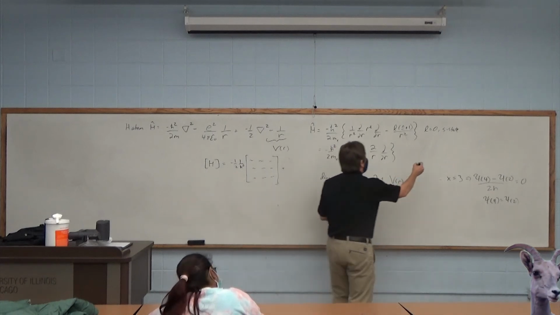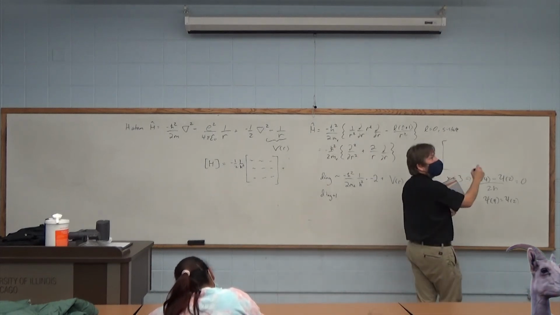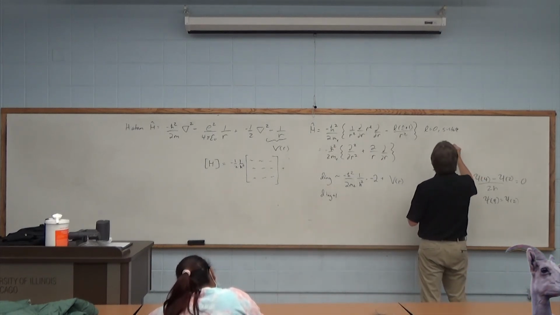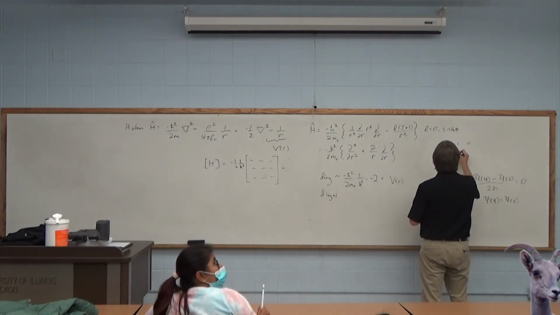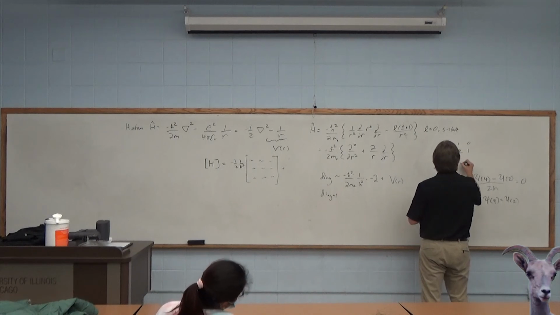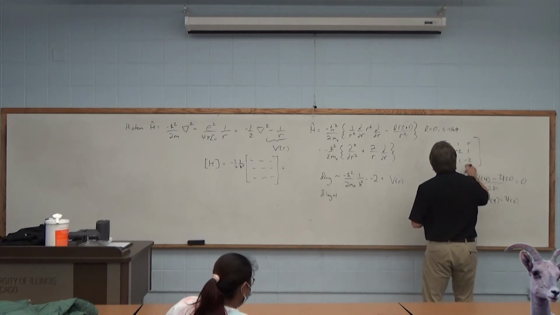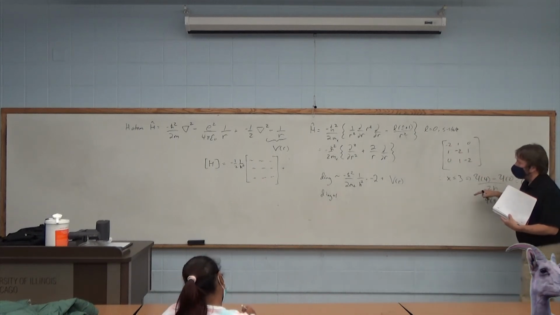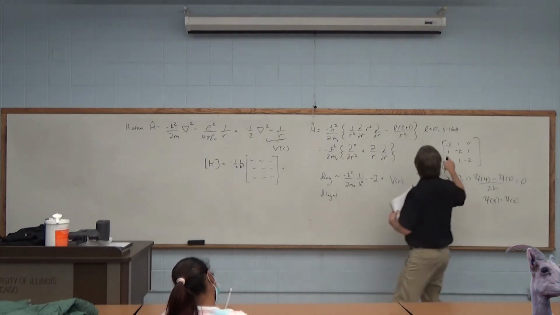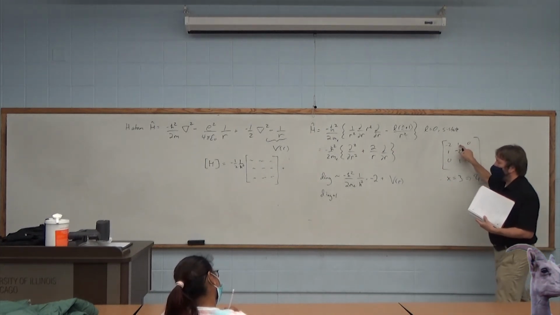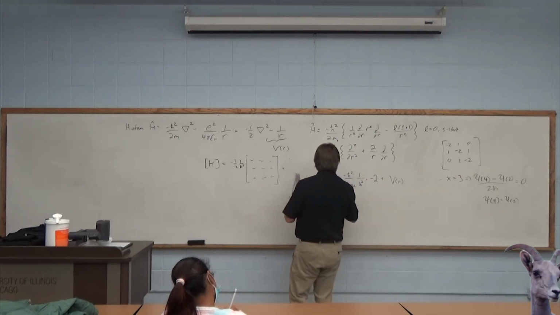Let me make it real clear. I'm doing the -2s. Now this one is going to be this point here, and again I'm doing a radial.